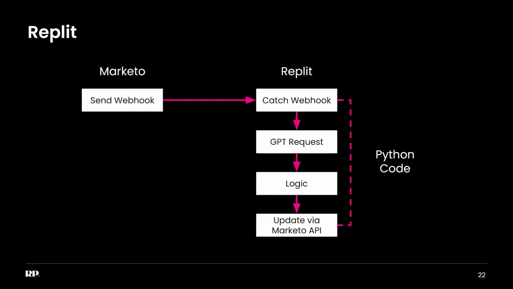It makes a request to ChatGPT, and then we can use any Python code we want to do all sorts of things to the response we get from ChatGPT. And then the final part of it is we can update the lead in Marketo via API with the information we got from ChatGPT. So both of these platforms, Replit and Zapier, give you complete customization over what you're sending to ChatGPT, as well as formatting the response that comes back.